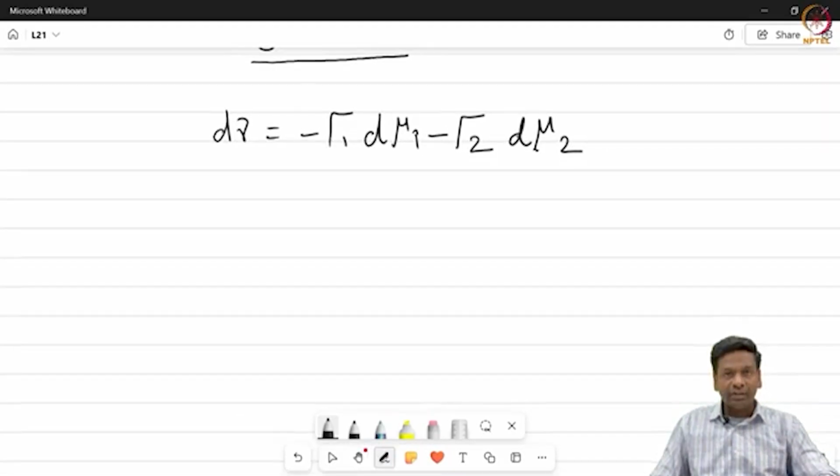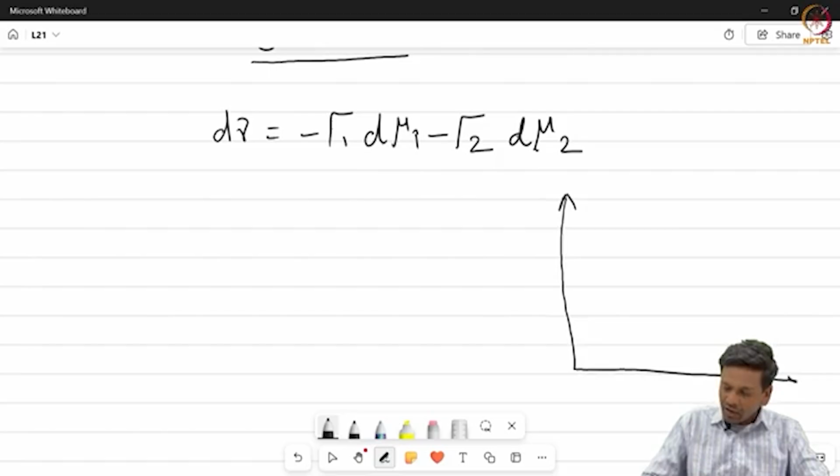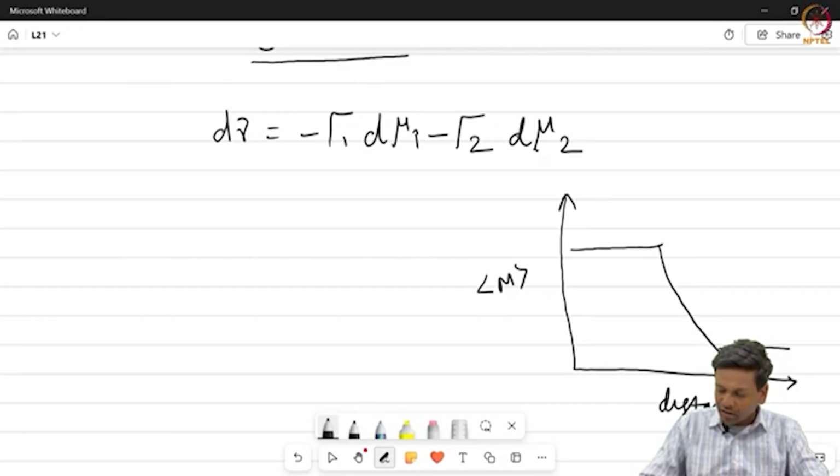Remember, when we began deriving, we introduced the concept of the Gibbs dividing plane, right. Whenever you measure some property as a function of distance, you have one adjoining bulk phase, and near the interface the property that you measure will fluctuate.